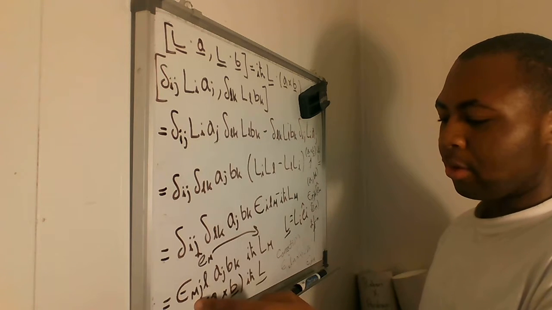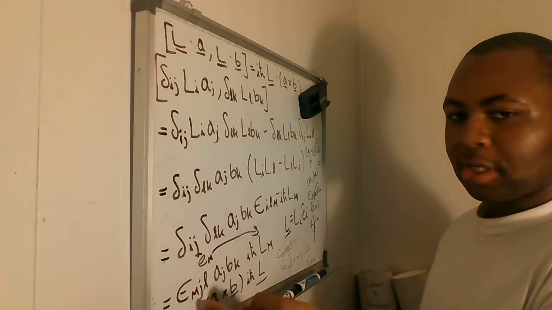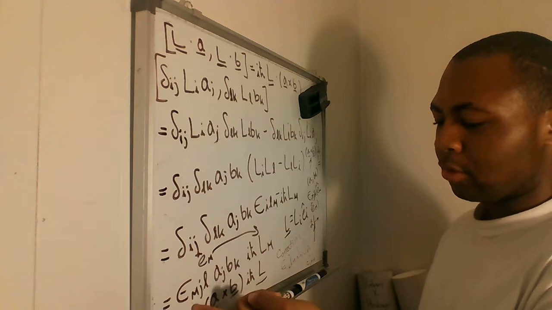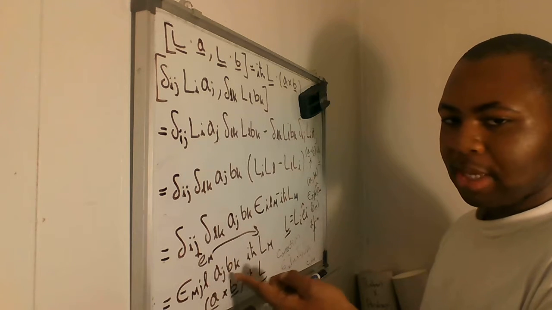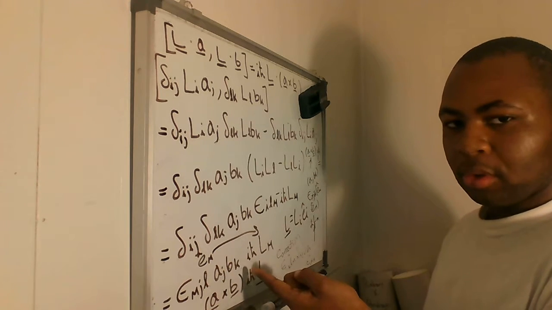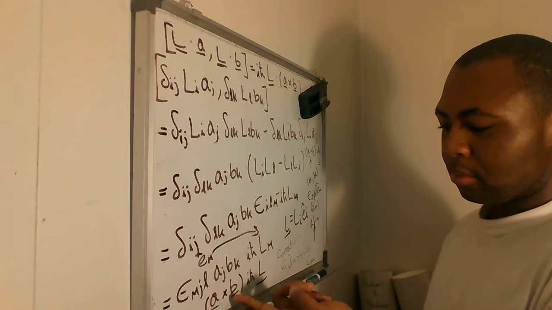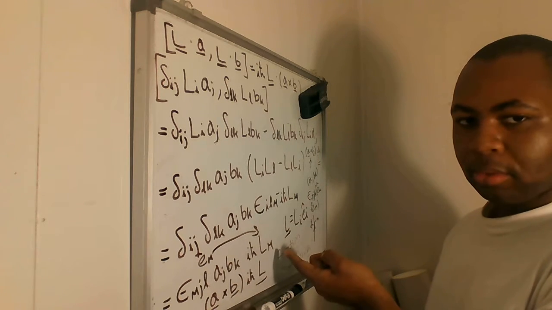You're putting the m here. This is indicating a direction. Your m is now indicating a direction in which Aj and Bk, the components of this new vector, have been crossed. And Lm is already there.